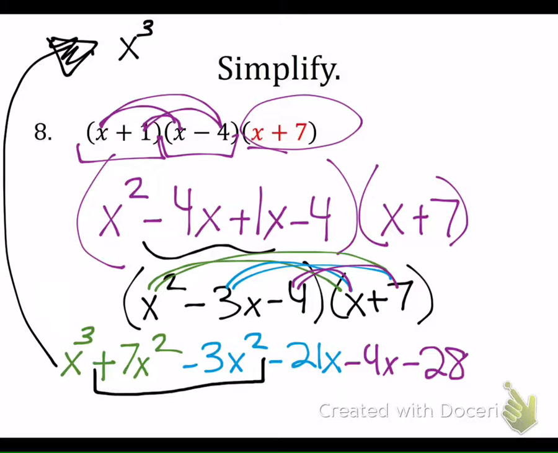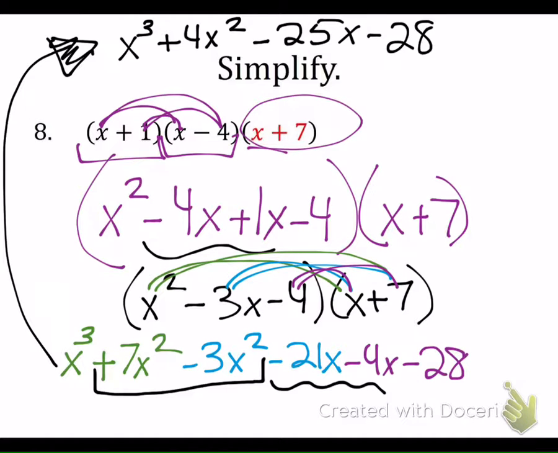Careful, the 3 is negative. So 4x squared. You can do negative 21 and negative 4x, but you get negative 25x minus 28. Good. Questions?